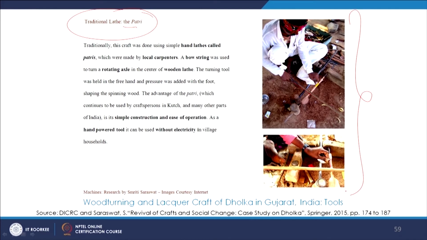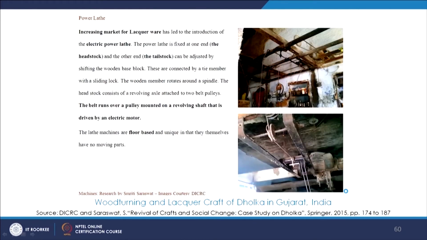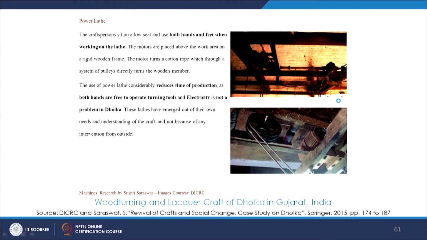So there they have been facing a lot of problems with production, while the other one in Dholka, they have agreed to the technology intervention and they use the power lathe, which minimizes the time consumption and increases the productivity and also accommodates larger and thicker sections of wood, allows for material explorations, and also gives way to experimenting with different forms and joinery.